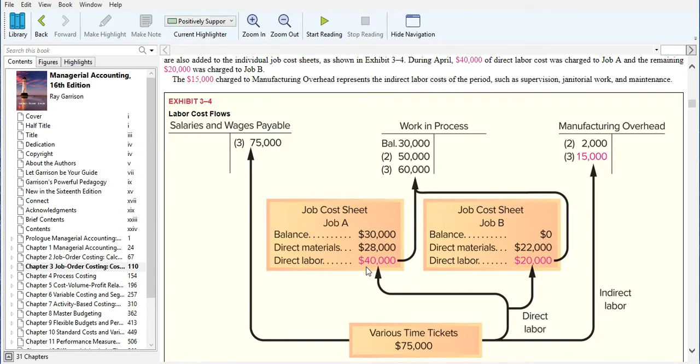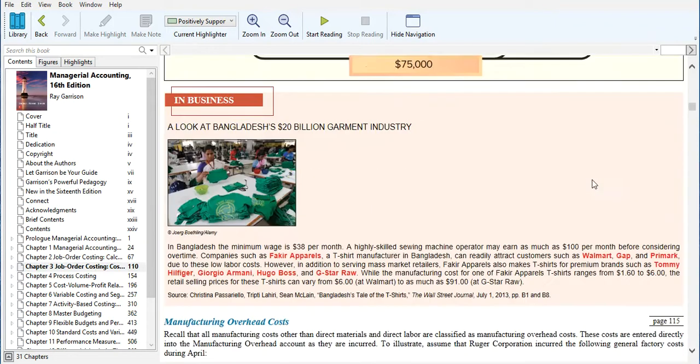Here, out of the 75, they identify 60, 40 to job A, 20 to job B. That goes into work in process. The remaining 15 is indirect, and it goes into manufacturing overhead.